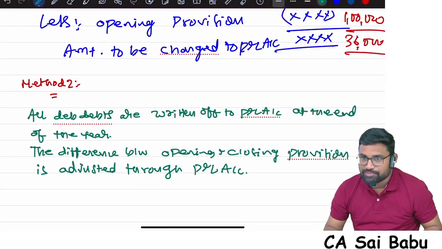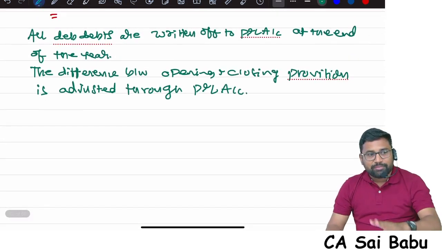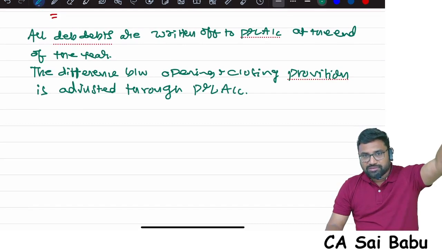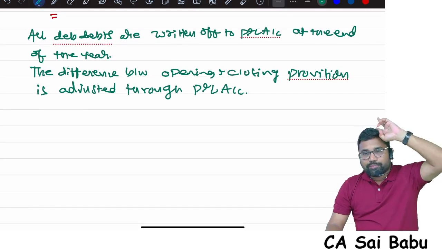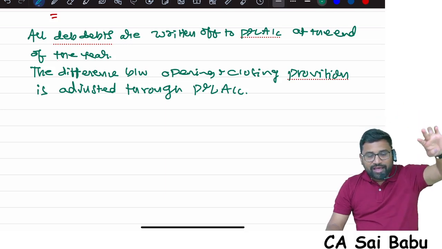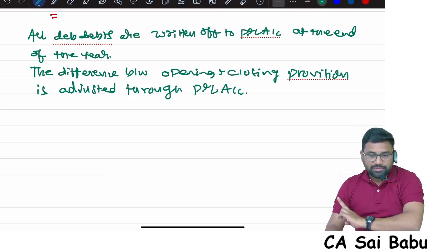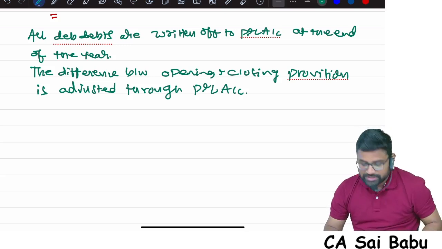Simple. So what is the difference between method 1 and method 2, sir? In method 1, bad debts is directly adjusted to provision, and the amount of provision required is calculated accordingly. But in method 2, bad debts is directly transferred to P&L account, not adjusted to provision for doubtful debts.